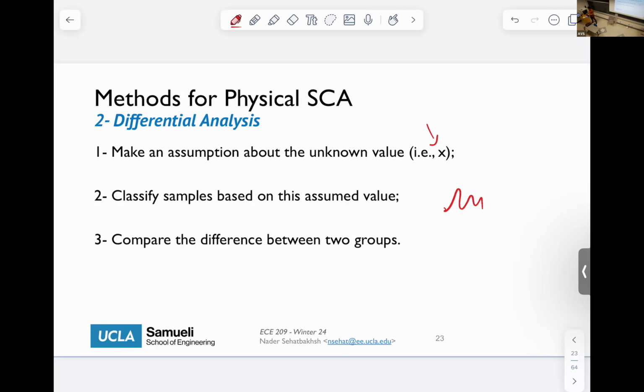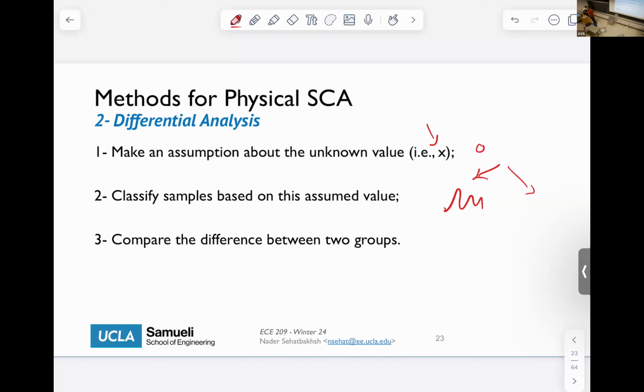And when I see another signal that doesn't have this, I'm going to assume that this is 1. So I basically have some theory based on some observation that whenever I see this, I put it into the group of zeros, and whenever I don't see this, I put it in the group of 1. And then I'm going to collect many instances of this, thousands and thousands, okay?